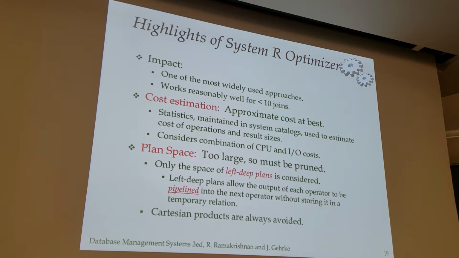Now the plan space, even when we start looking at 3- and 4-way joins, gets combinatorially explosive. The number of different plans you can have, even with just a few indexes and 4-way joins, ends up being huge in terms of which tables you access first, what join methods you use, what access paths you use, when you do your sorts or hashing to eliminate duplicates, and various ways of doing group by.